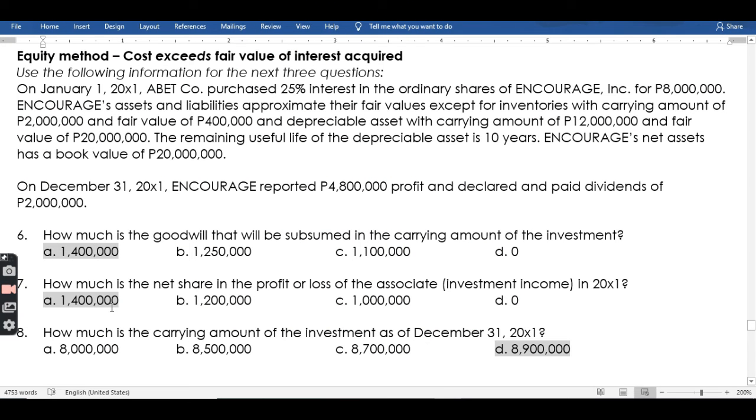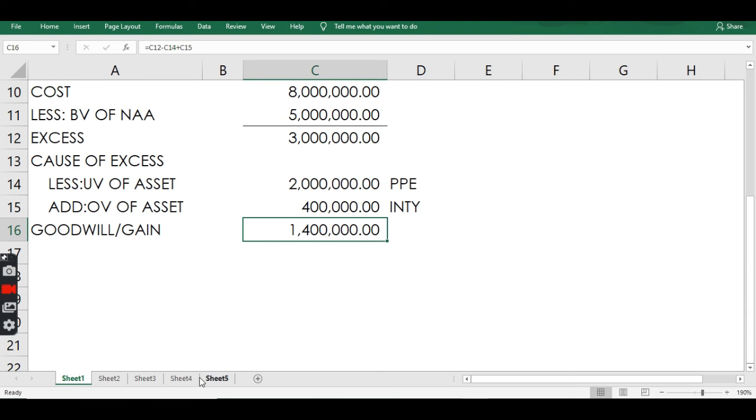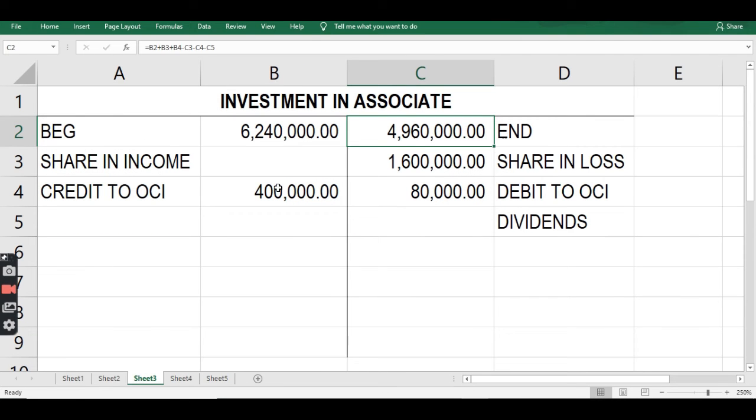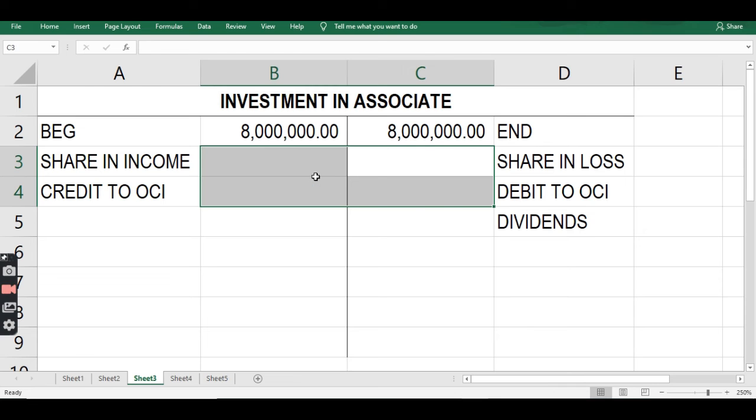Ito na yun. Next, how much is the share in the profit or loss of the associate in 20x1? So bago natin i-solve yan, i-plot lang muna natin yung data natin dito. So magkano ulit to? 8 million pala, sorry. Okay, tapos tanggalin natin to kasi hindi pa natin alam.